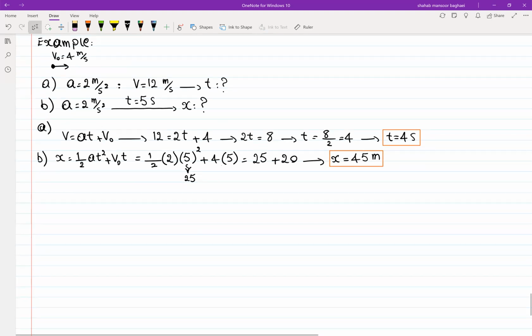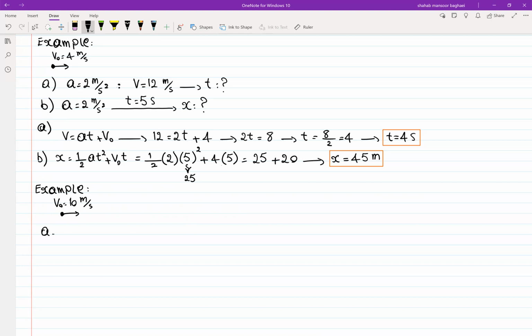Okay. Next example. There's a particle here. It's going to the right, which is rectilinear motion. Initial velocity of this particle is 10 meters per second.